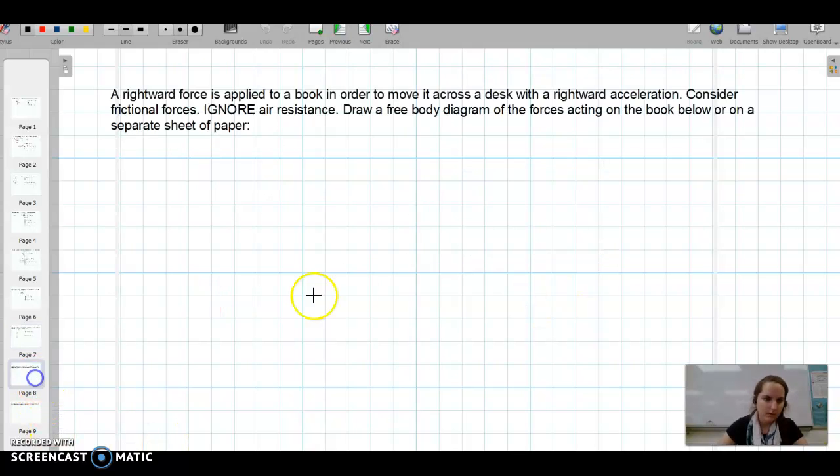Sweet. So a rightward force is applied to a book in order to move it across a desk with a rightward acceleration. Consider the frictional forces, ignore air resistance, and draw a free body diagram of the forces acting on the book below. So let's just say that we have a long table here, and you're trying to send that book across the table.